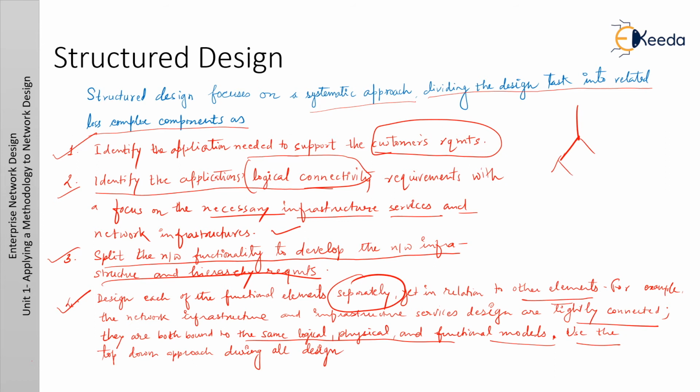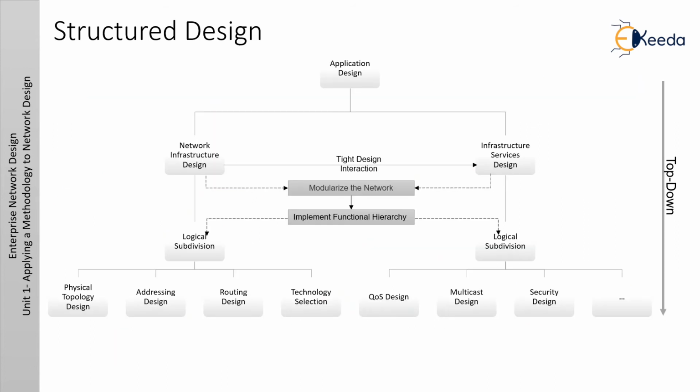Okay, the top-down approach is very important to go for. Design each of the functional elements separately. So these are the functional elements we need to design separately. So this diagram shows the structured design example.